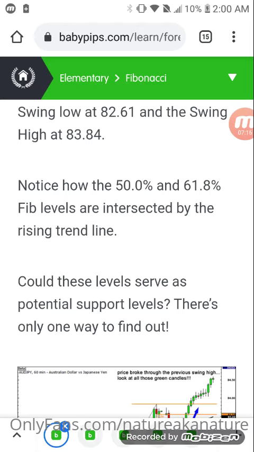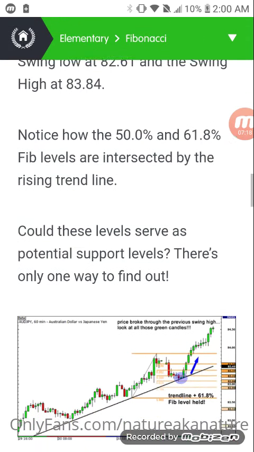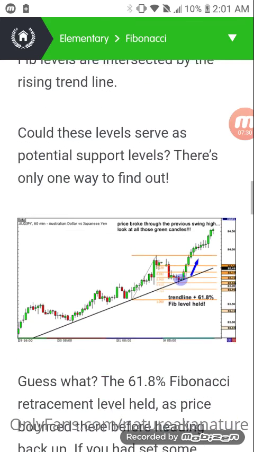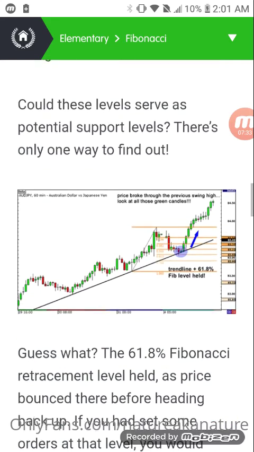50 and 61.8 are very high potential support levels when you're looking for Fibonacci retracement in an uptrend or a downtrend. Okay, these are very good levels. There's only one way we can find out though. Guess what?